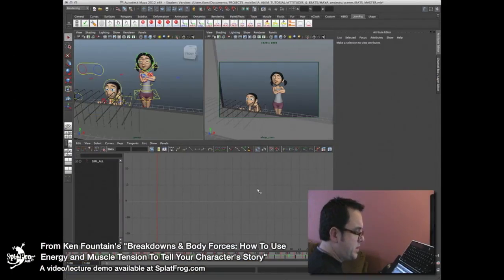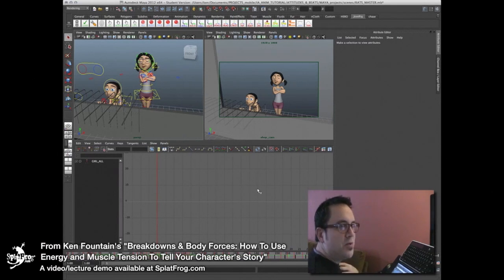All right, so this next part is relatively straightforward. We're going to find these moments where the character wants to really emphasize something to who she's speaking to, which is her little brother at this point. Those moments where she stops and she wants him to look at her. She wants this pose to be seen.